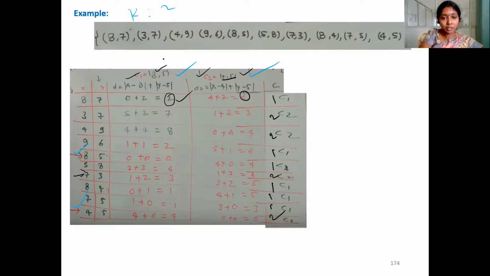So in cluster 1, you have 2 plus, this belongs to cluster 1, right? And this also belongs to cluster 1. This distance belongs to cluster 1. This is also right. And next, this one. Is anything left?